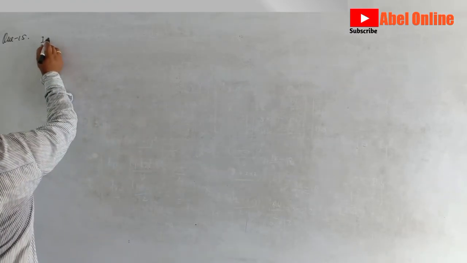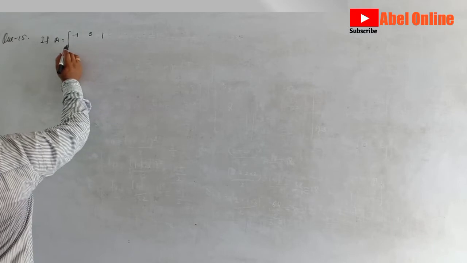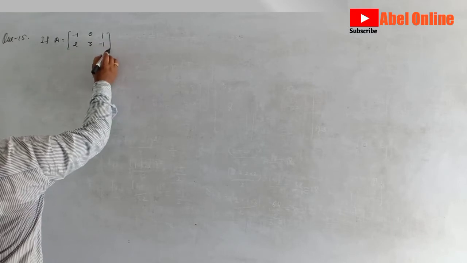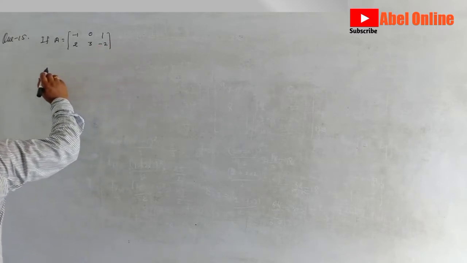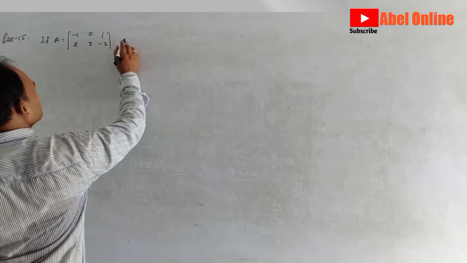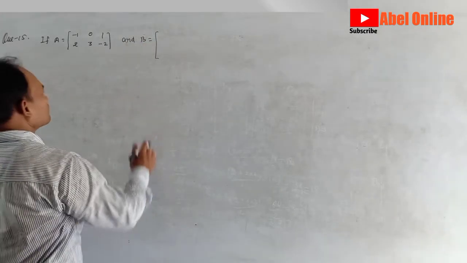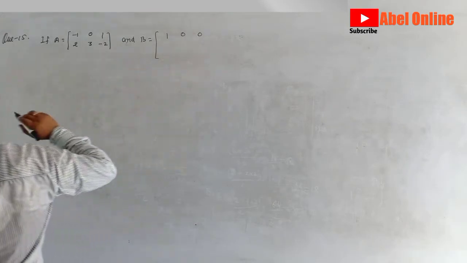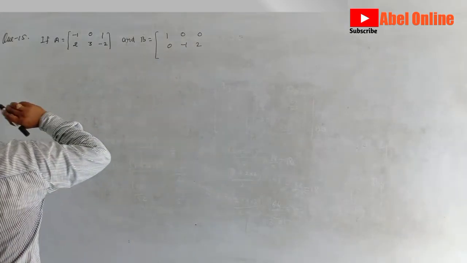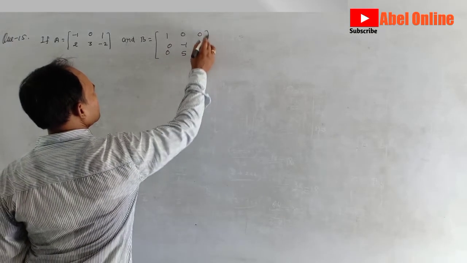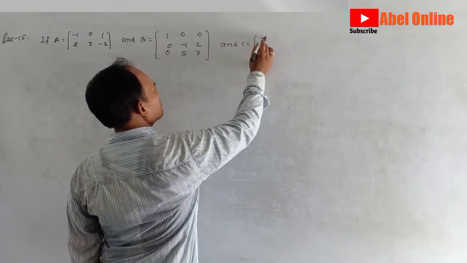If A equal -1, 0, 1, 2, 3, -2, and the value of B is 1, 0, 0, 0, -1, 2, 0, 5, 7, and C equal -1, 0, 1.